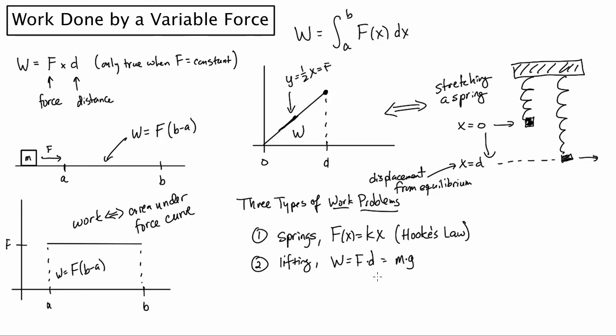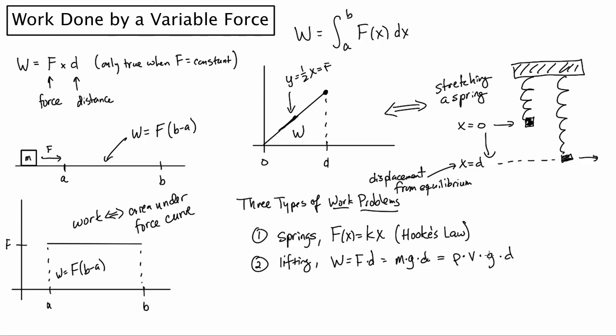And so m times g would represent the weight of the object, and weight of objects is the force required to move them. And so our formula there would become m times g times the distance. But then we can further iterate on this. If this is a three-dimensional object, then the mass of the object is its density times its volume. And so I'm looking at density times volume times gravity times distance. All of that is describing the work done in this case.